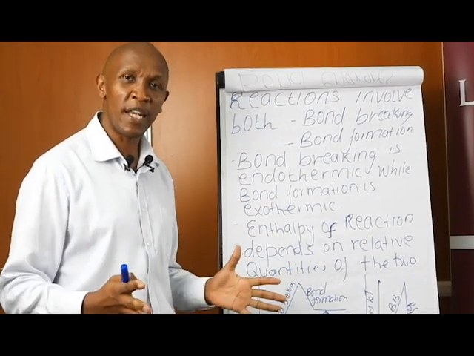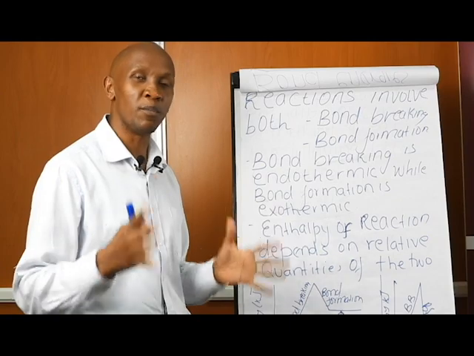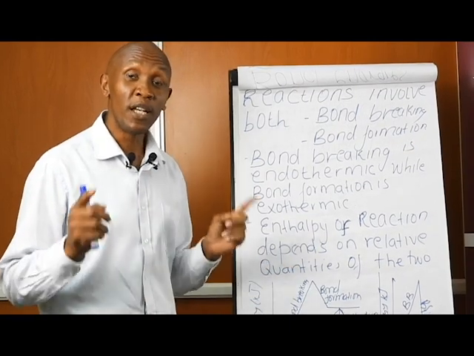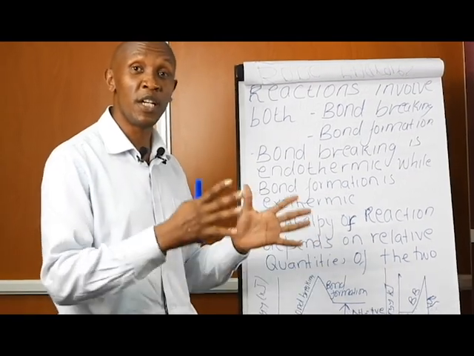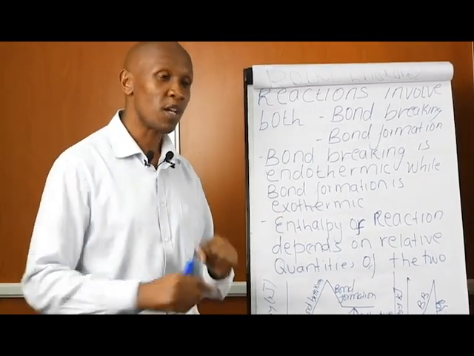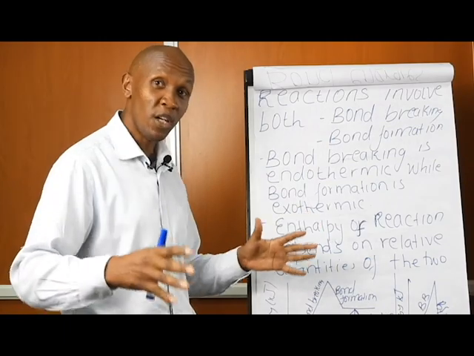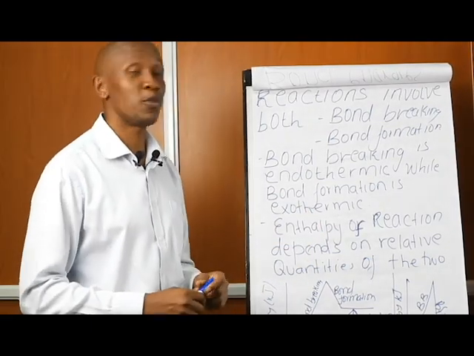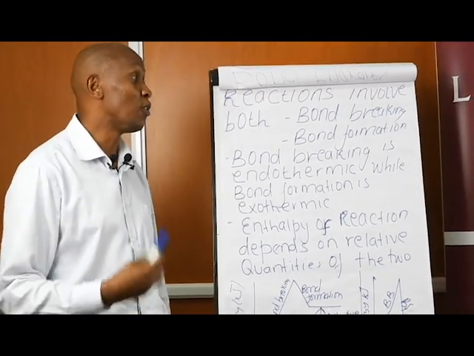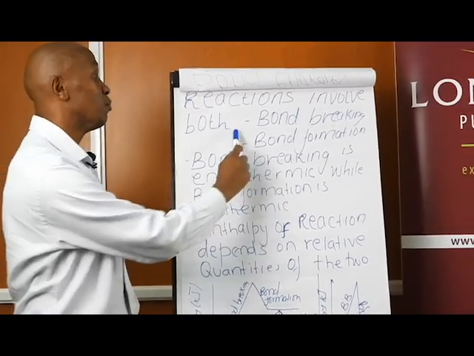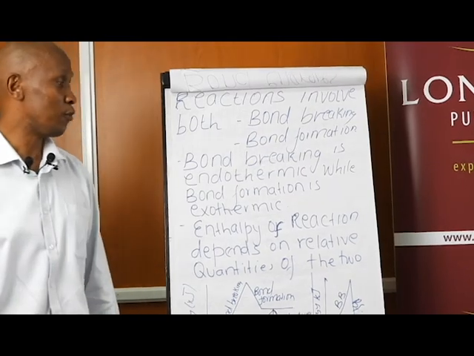Because a lot of energy is required to break the bond. That tells you that before you react nitrogen, you must break the nitrogen molecule into nitrogen atoms. So those are the two processes that are involved in a chemical reaction: bond breaking and bond formation.